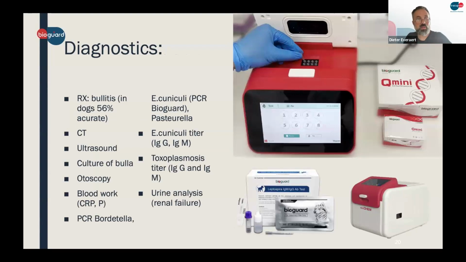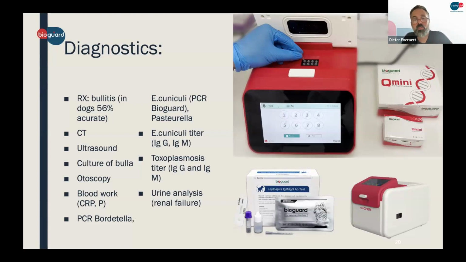Okay, so the diagnostics. As said, otitis media interna is quite common, so we always begin with X-rays. The problem is, as they already know in dogs, X-rays are only 56% accurate.